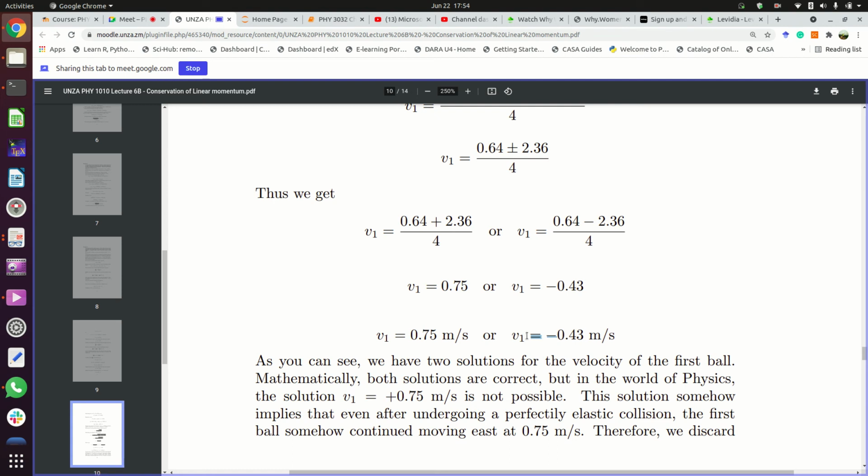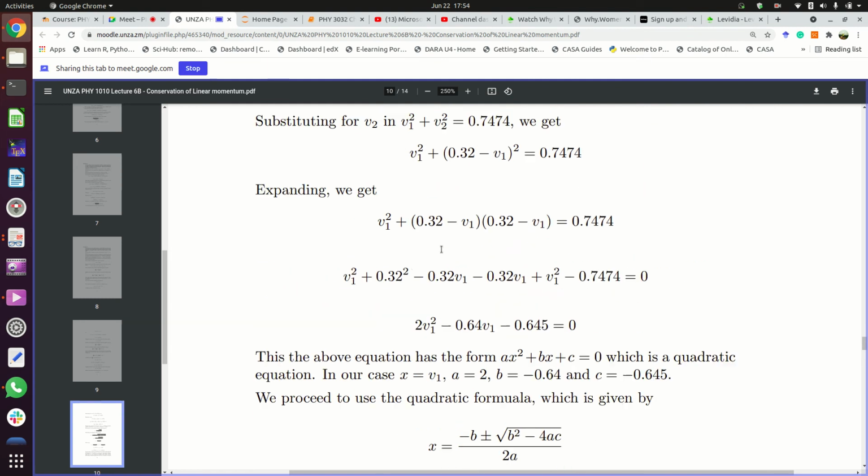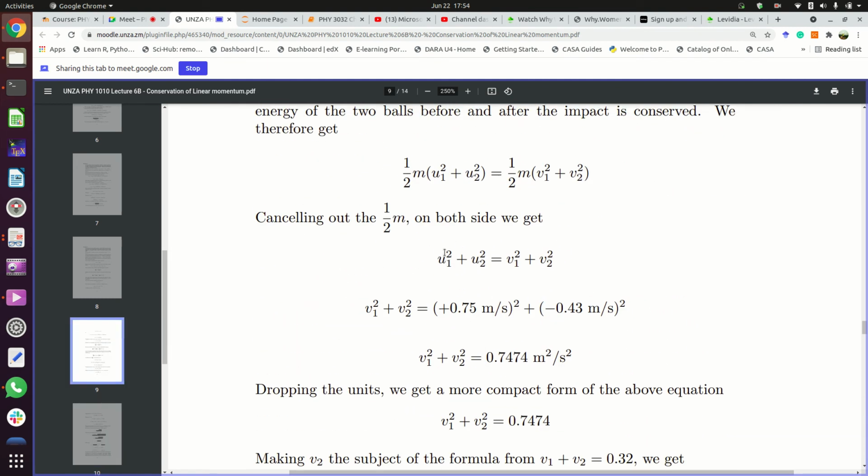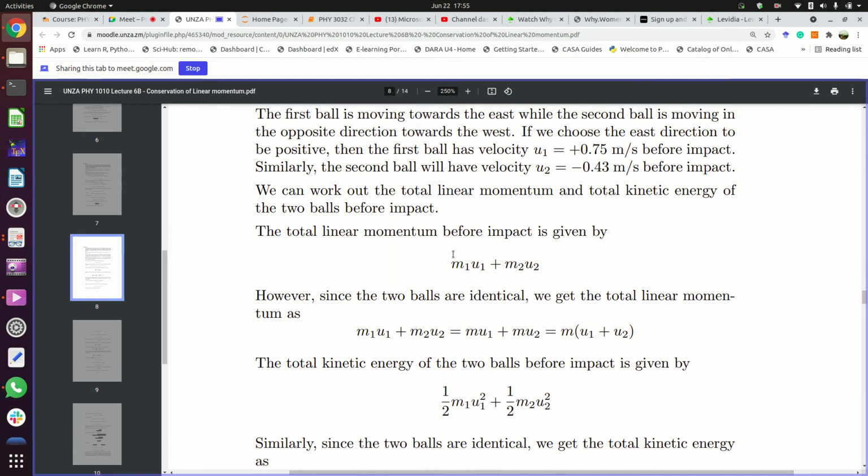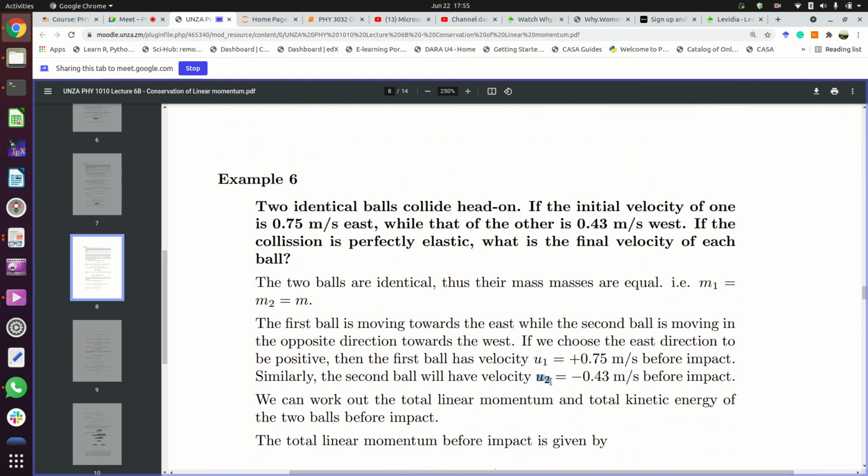However, there is actually something else happening. If you look at the velocity v1, it is actually the velocity which the second object, which was moving in the west, had. The velocity of the second object, we wrote it as u2, and if you look up here where we are coming from, u2 is minus 0.43 meters per second.